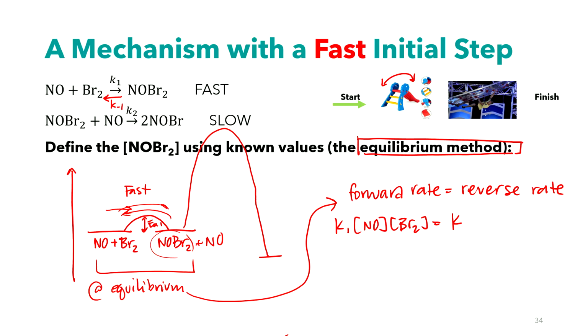So the reverse rate is k minus 1 times the concentration of NOBr2. That is the definition of equilibrium, that the forward rate equals the reverse rate, so that those aren't changing.